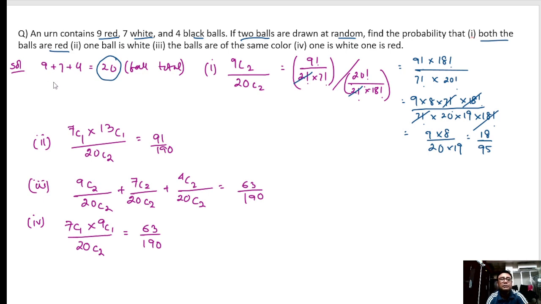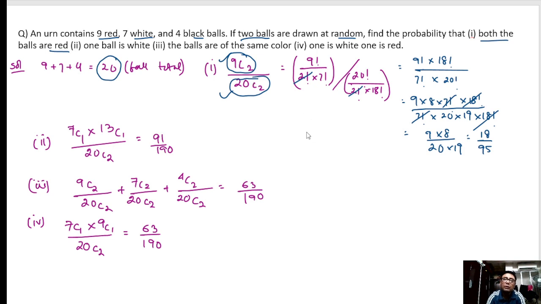That means 2 balls you are drawing out of 20. How many ways can you draw 2 balls? This is the way. And those 2 balls have to be red. So out of the 9 red balls, how many ways can you draw 2 red balls? This is the way. So probability, this is the total sample space and this is what you require.